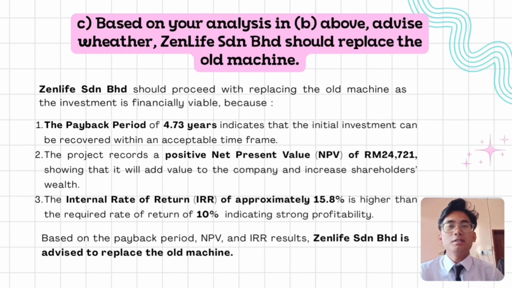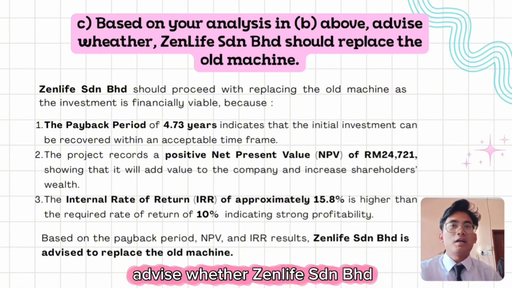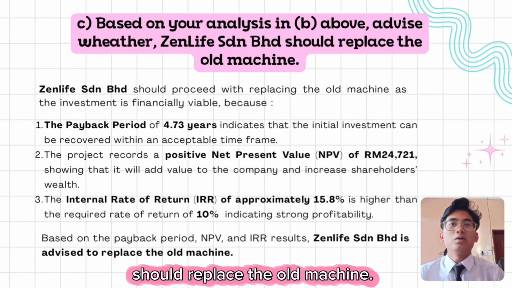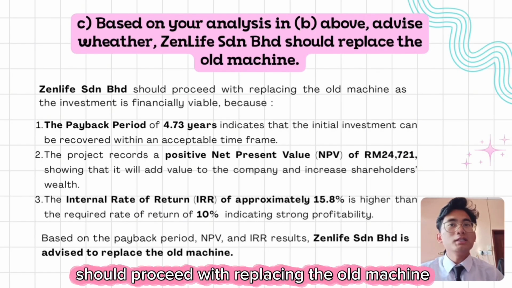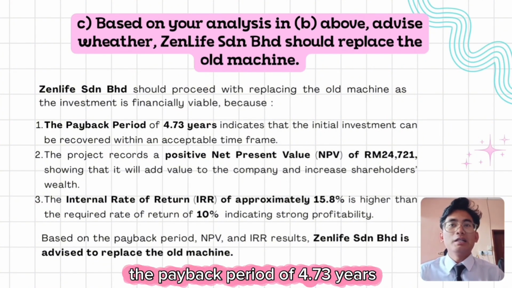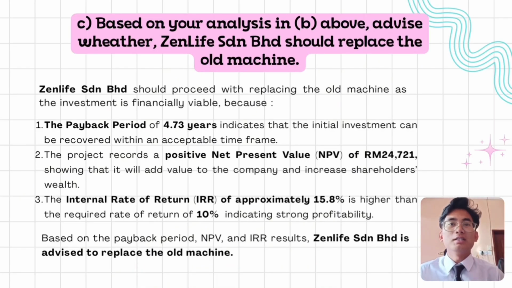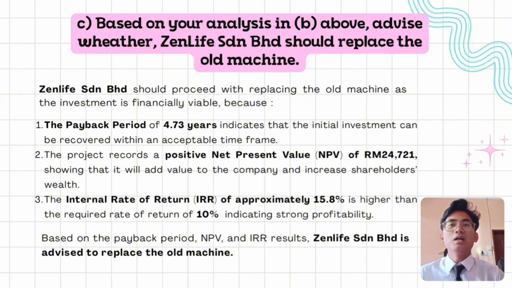Okay, for question C, based on your analysis in B above, advise whether ZenLife as the MBHD should replace the old machine. So, ZenLife as the MBHD should proceed with replacing the old machine as the investment is financially viable because the payback period of 4.73 years indicates that the initial investment can be recovered within an acceptable time frame.